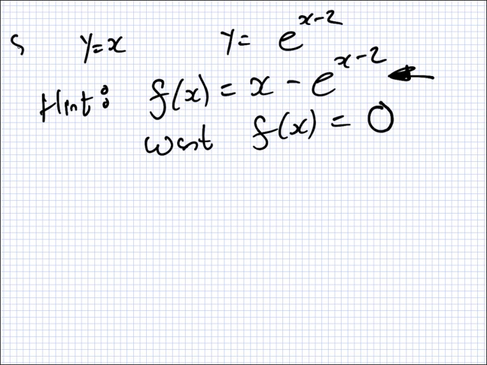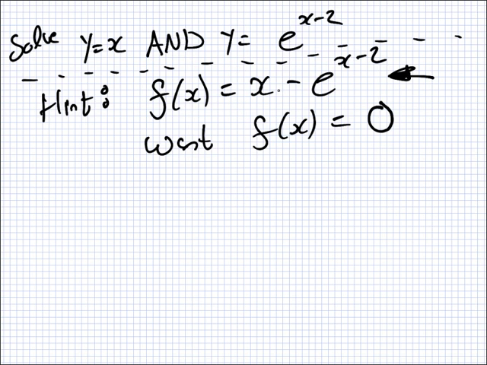So you're trying to solve this and this. If f is 0, then x must equal e^x minus 2, which means you've solved these two. So my question is really just to solve this problem.